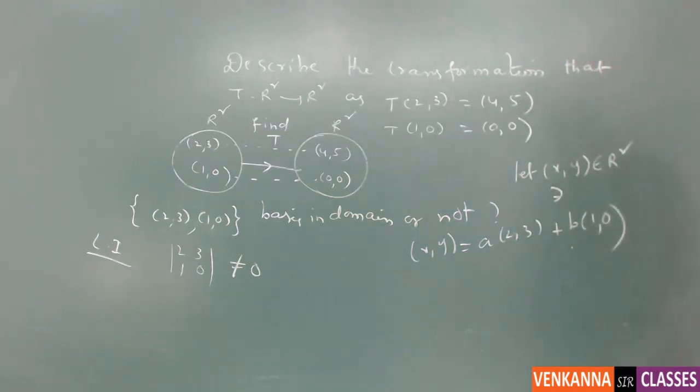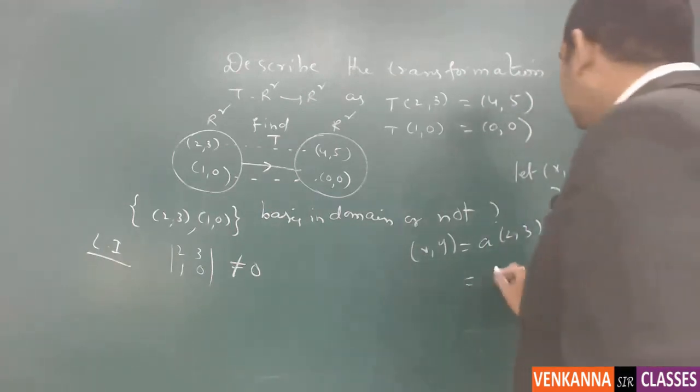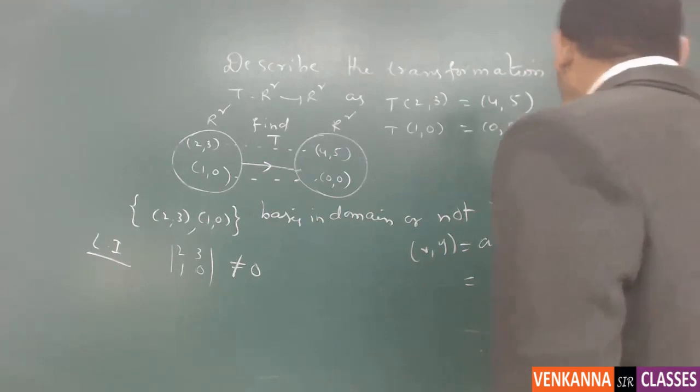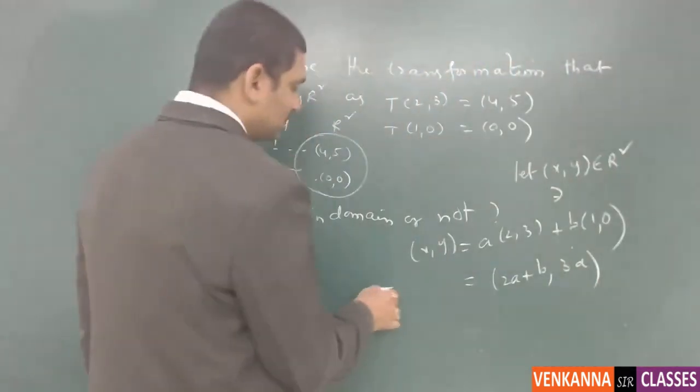In other words, every 2D vector can be written as a linear combination of these two vectors. If it is possible, then we say that it is a basis. So let us simplify that.